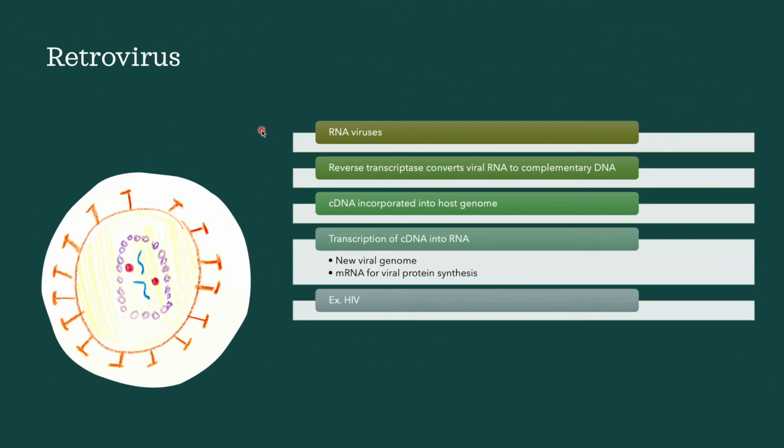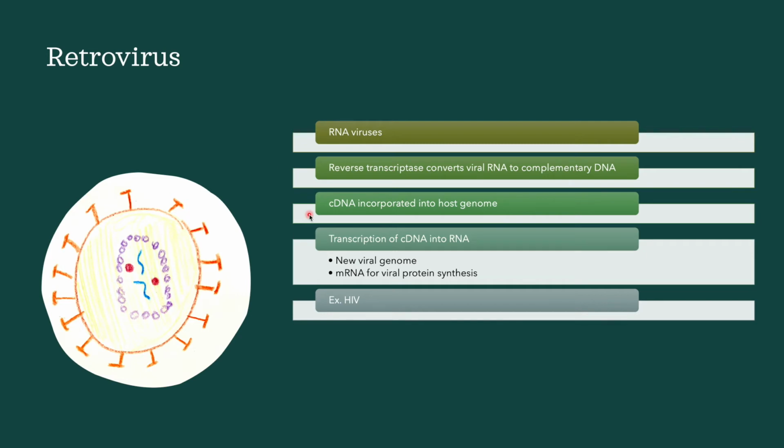Now that we've discussed general animal viruses, let's look into retroviruses. Retroviruses are RNA viruses. The viral RNA is first transcribed into complementary DNA or cDNA by reverse transcriptase, which is an enzyme carried by the virus.